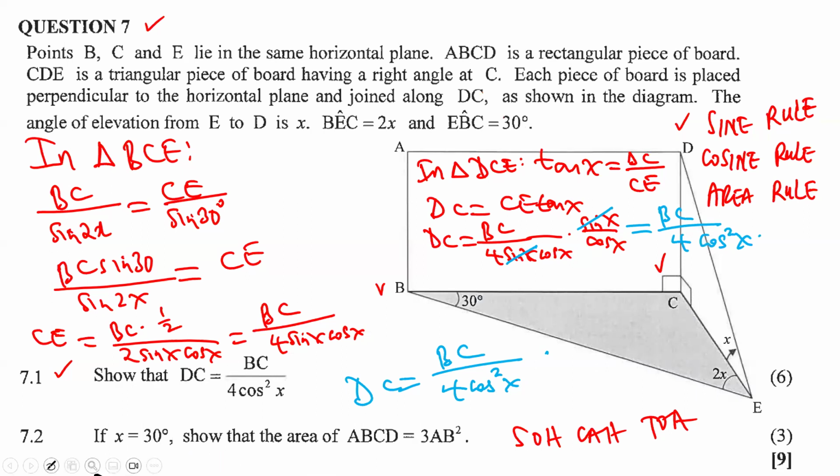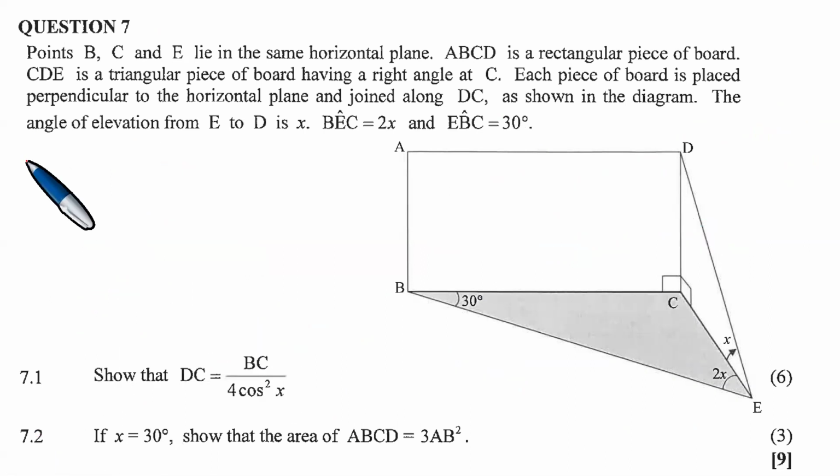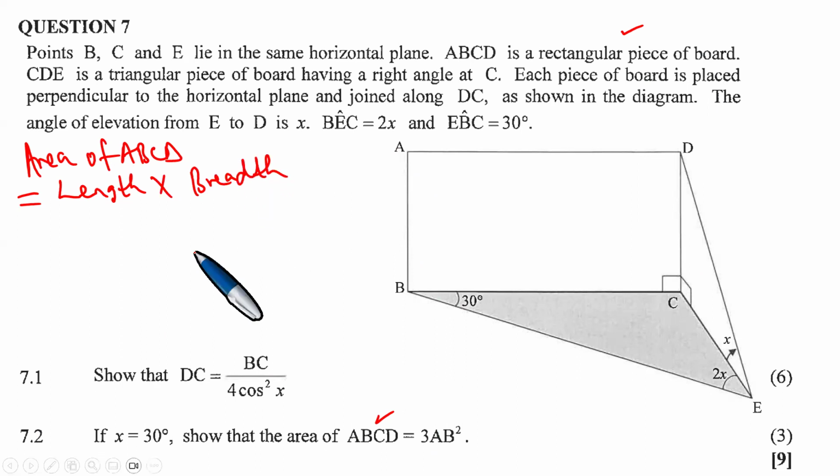So in other words, as we conclude our lesson now, if you are supposed to find the area of the rectangular piece of board ABCD, it is the length multiplied by the breadth or the width. What is the length? Well, you can take BC as the length. What is the width? You can take DC.